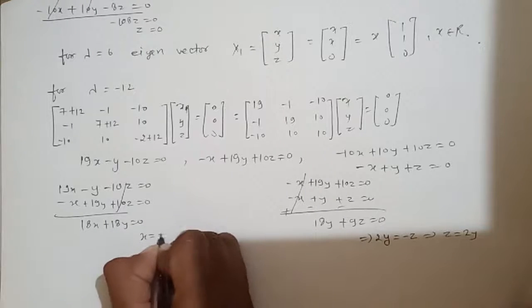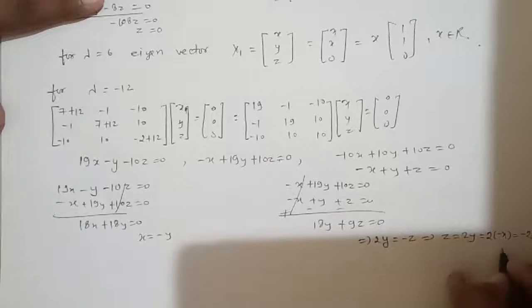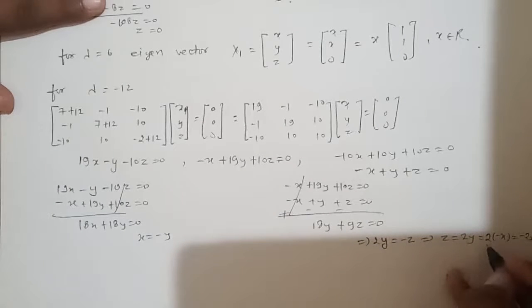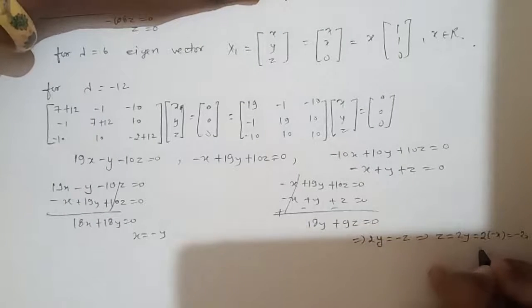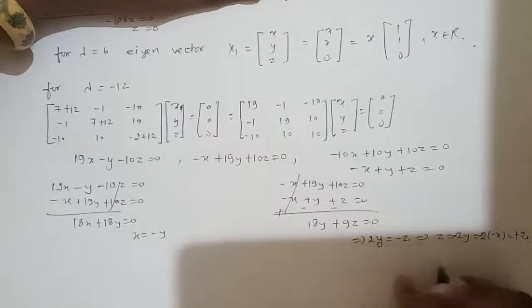This implies x is equal to minus y, and from this I get z is equal to 2x.